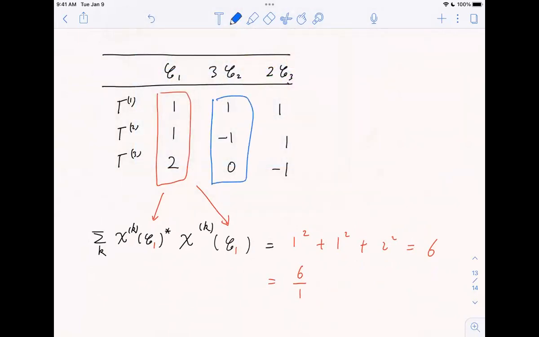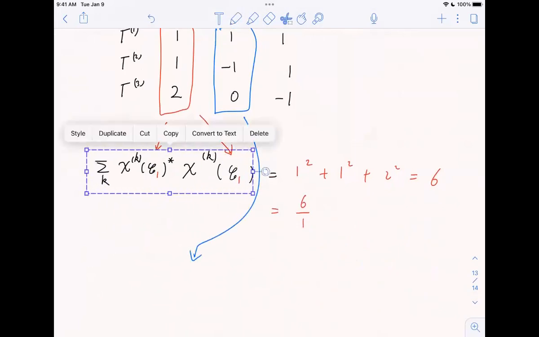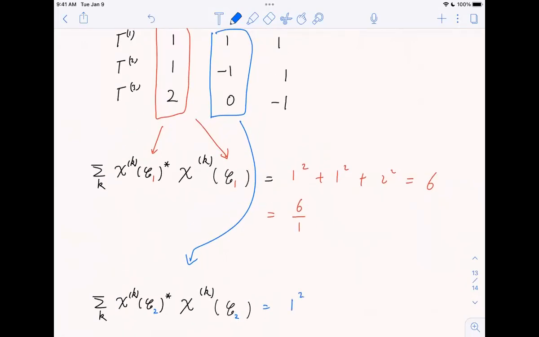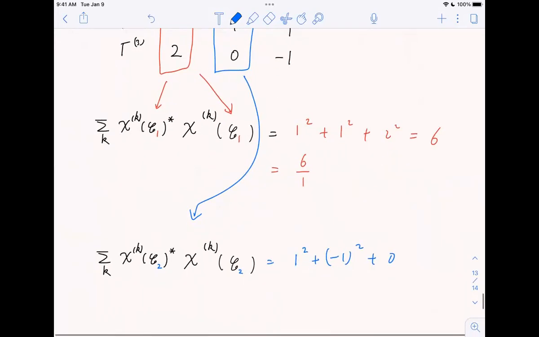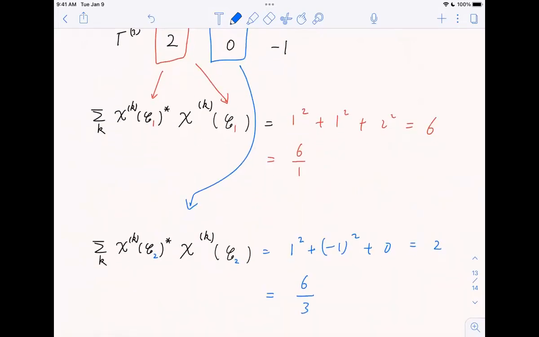If you go to this one, the algebra is all very simple, you just need to get familiar with it. So this one is 1 square, negative 1 square, and plus 0. That is 2 squared, so 6. How many elements are there in the class? There are 3. So it's 6 over 3.